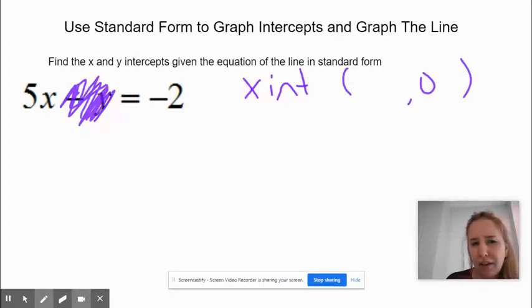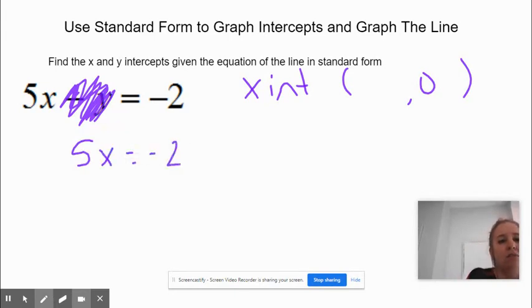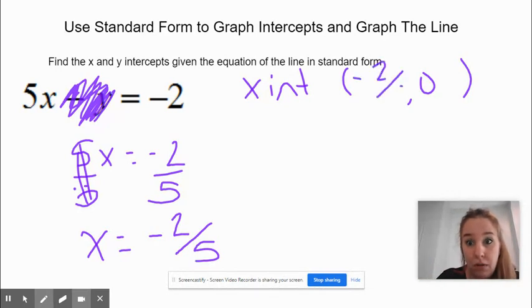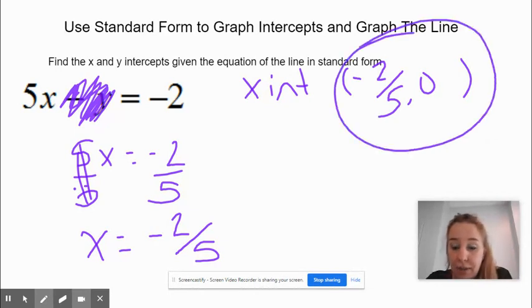Obviously it's going to go away. So I just have 5x equals negative 2. Divide by 5 on both sides. And x equals negative 2/5, which is fine. Fractions happen. Negative 2/5, comma 0. That is my x-intercept.